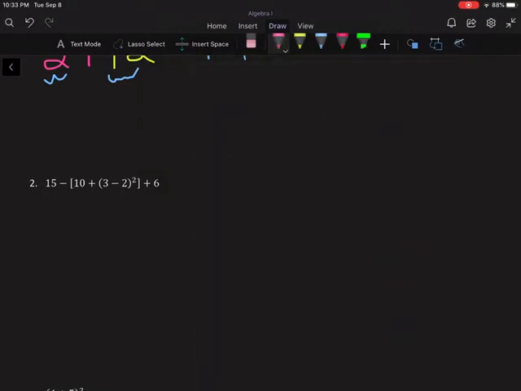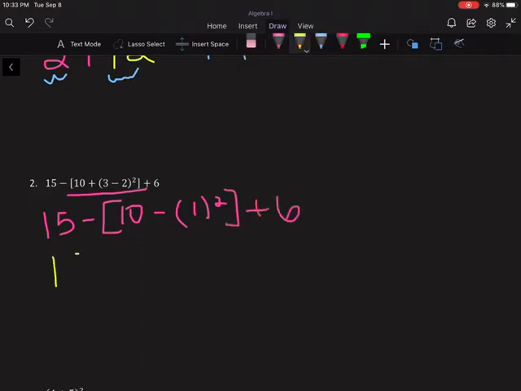A little bit more complicated. I have these brackets. So I want to deal with these brackets first. I drop down the 15. I put the minus. And I do everything on the inside first. So 3 minus 2 is 1 squared. And then plus 6 on the outside.